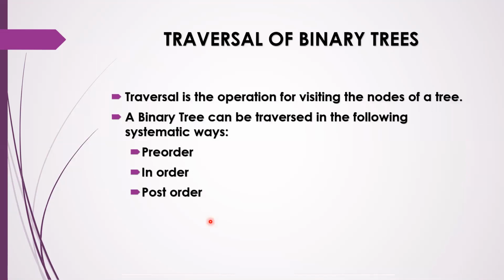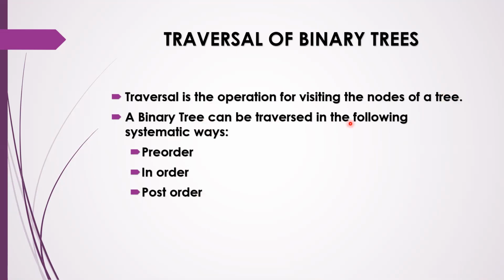Now we'll see the traversal of binary trees. What do you mean by traversal? You are parsing a tree and finding the order of the nodes. Traversal is the operation for visiting the nodes of a tree.